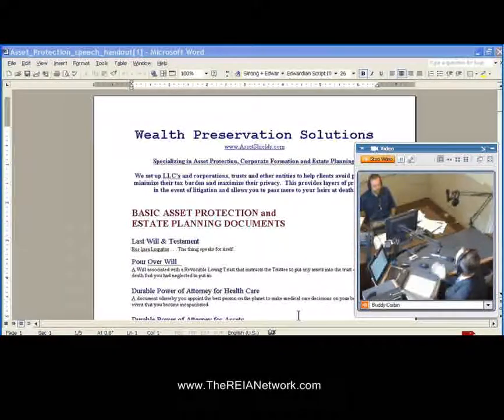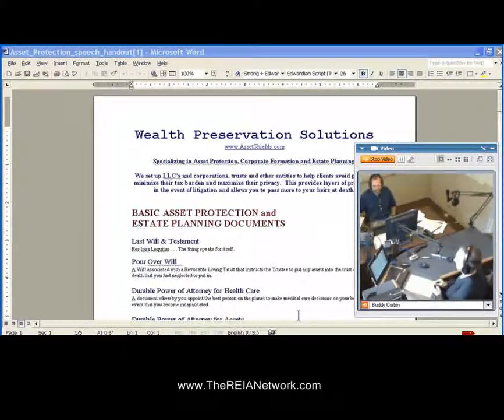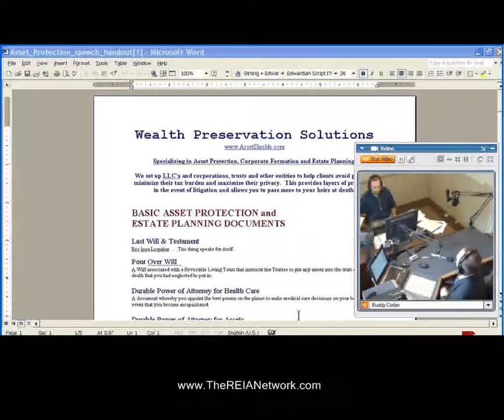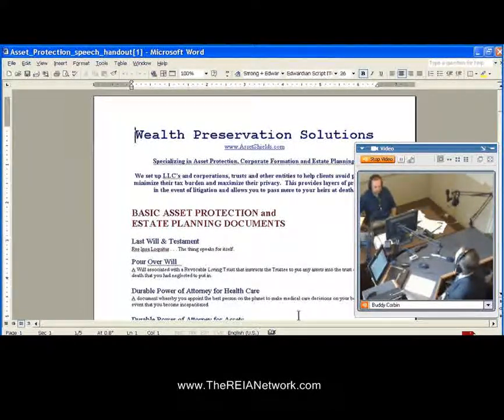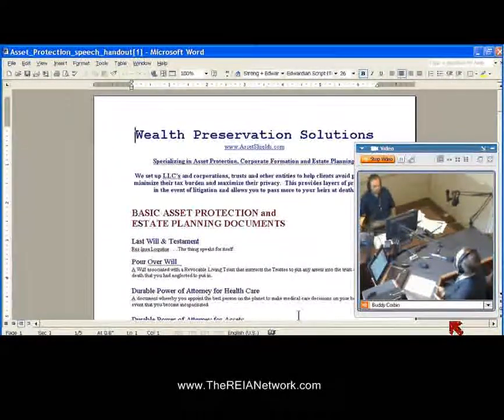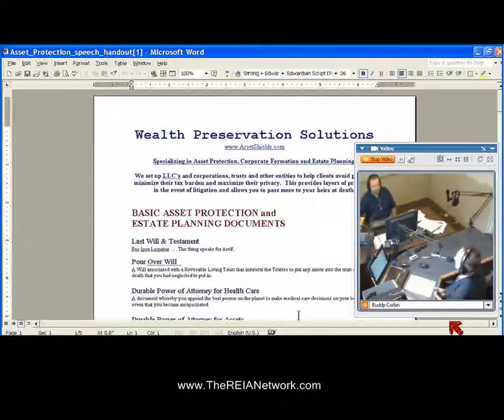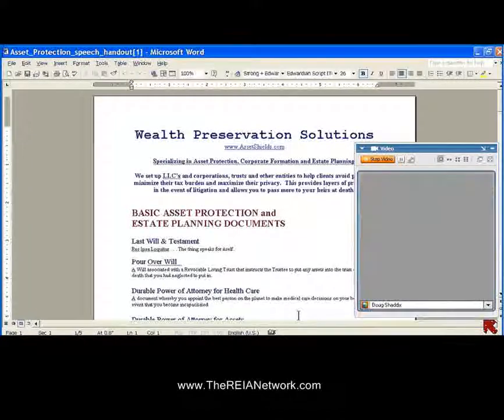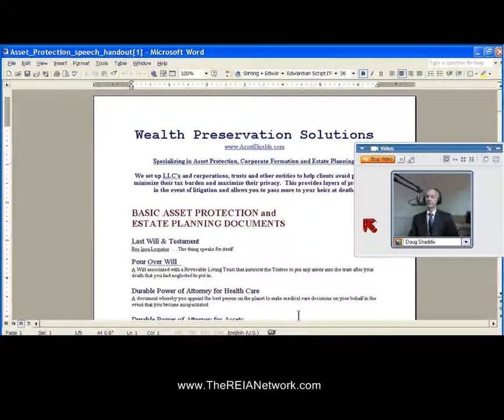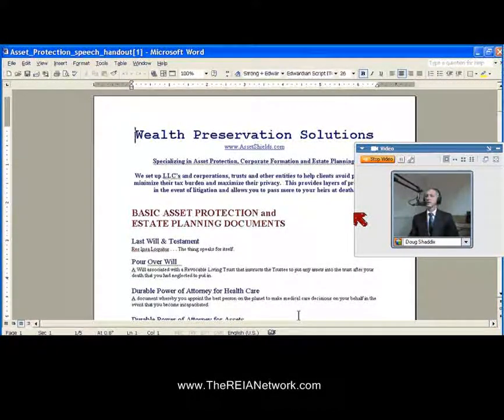Well, let me start off with a brief introduction of myself and who I am. I went to Georgia State University and got a political science degree, and after that I went to work for a congressman. Upon Reagan's election, I left the congressman and moved to Washington to go to work for the Reagan administration in international trade at the Department of Commerce. I had been going to law school at night, so I put the law degree on hold and moved to Washington.